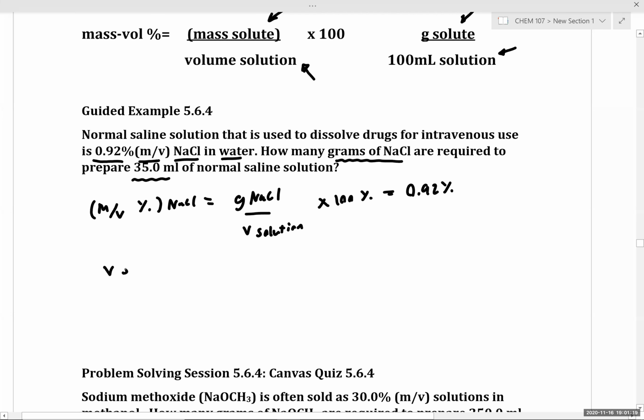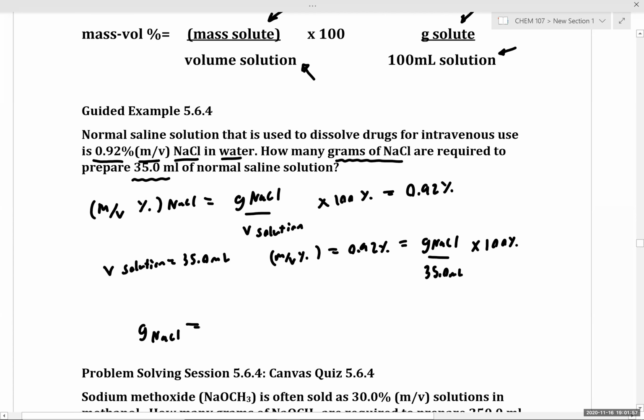We also know our volume of solution is 35.0 milliliters. So then our mass over volume percent, which is equal to 0.92%, is equal to the grams of sodium chloride over the volume of solution in milliliters, which is 35 milliliters, times 100%.